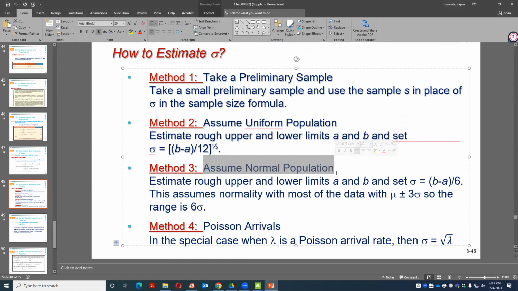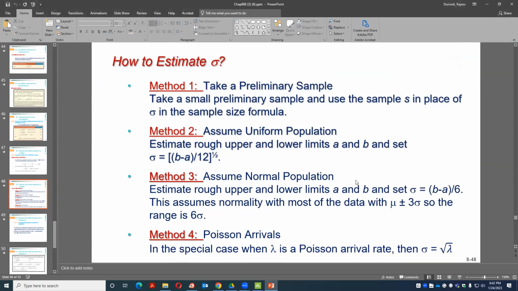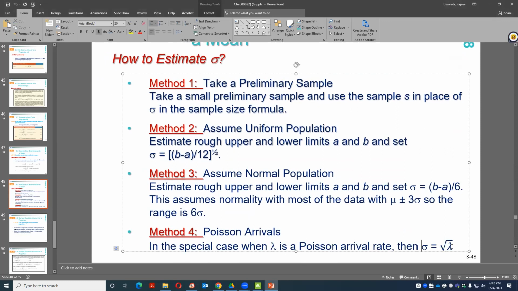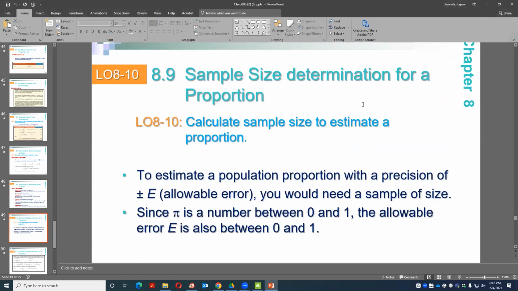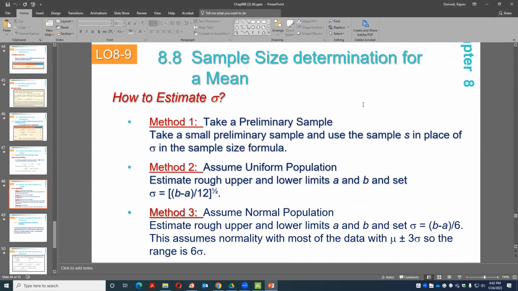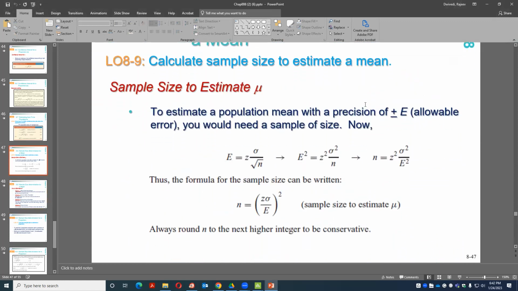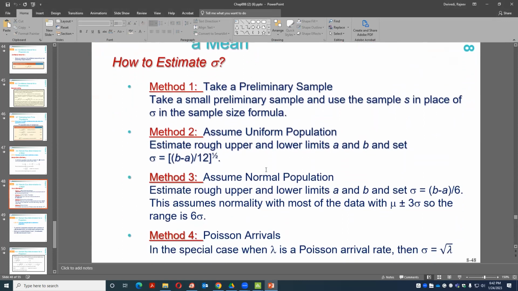Third, assume a normal population: sigma equals range divided by 6, as I explained. If you assume a Poisson distribution, sigma equals the square root of lambda. And for margin of error, you can consider 5% or 10%. Then you can calculate your sample size. And I will show you this.